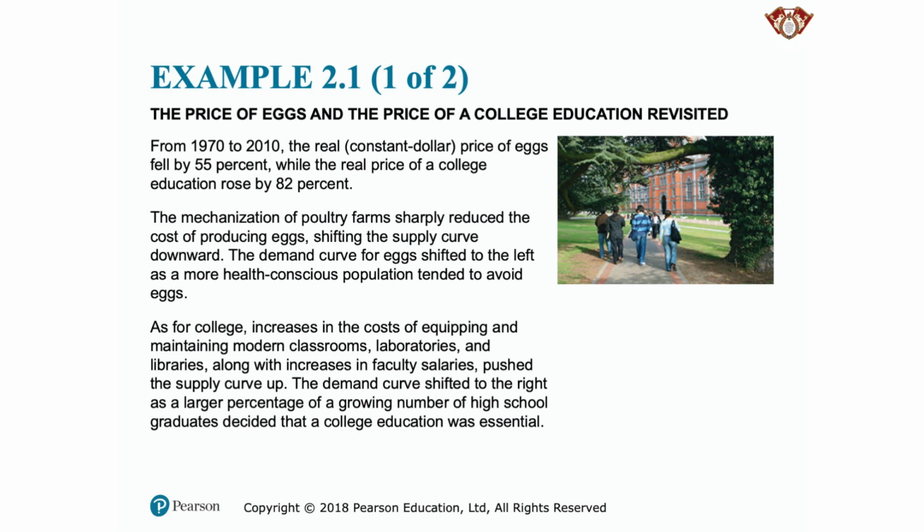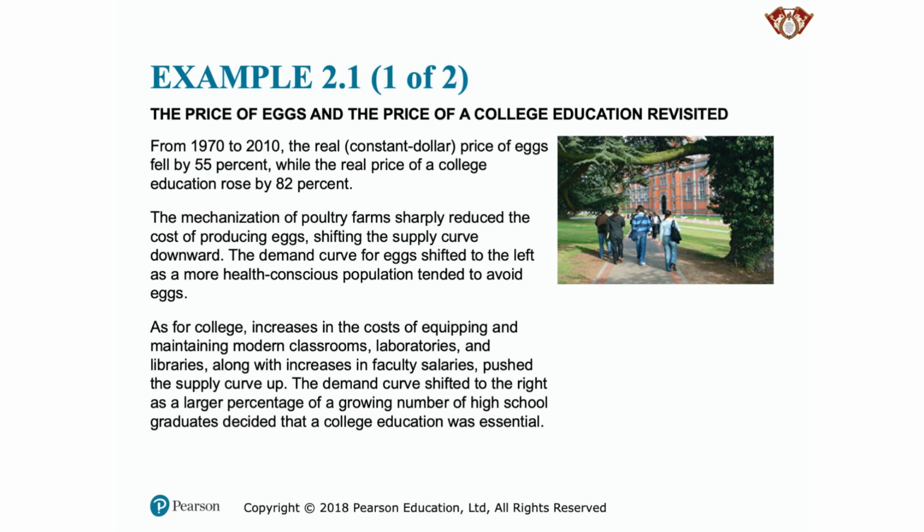The mechanization of poultry farms sharply reduced the cost of producing eggs. So in the egg market, costs decreased, leading the supply curve to shift to the right. And the demand curve for eggs shifts to the left as a more health-conscious, diet-conscious population tends to avoid eggs.